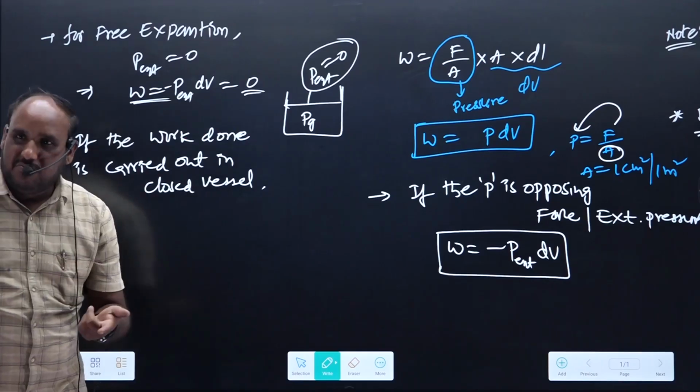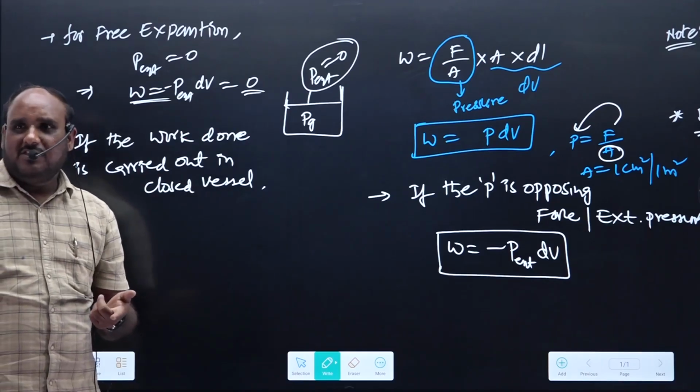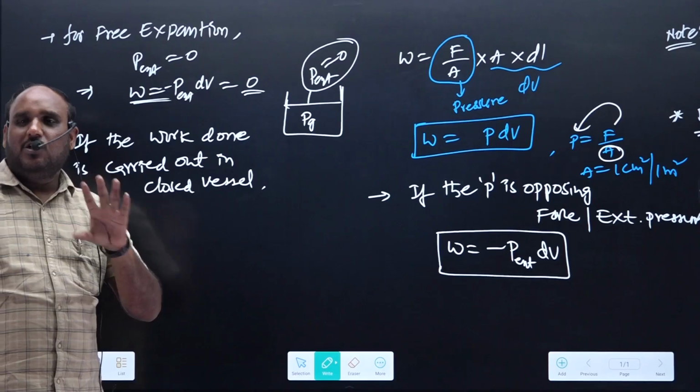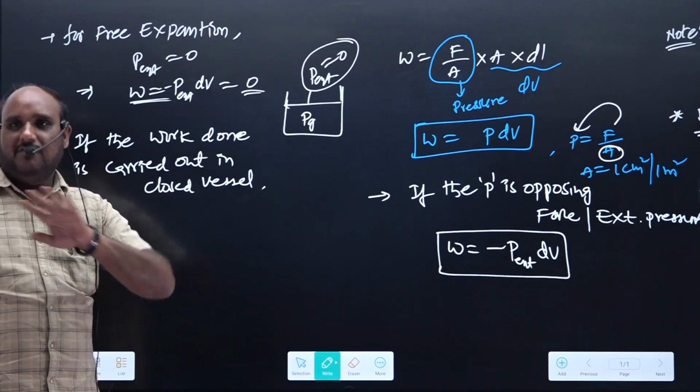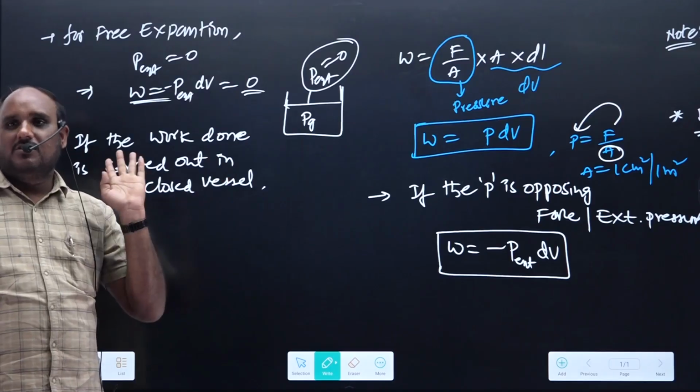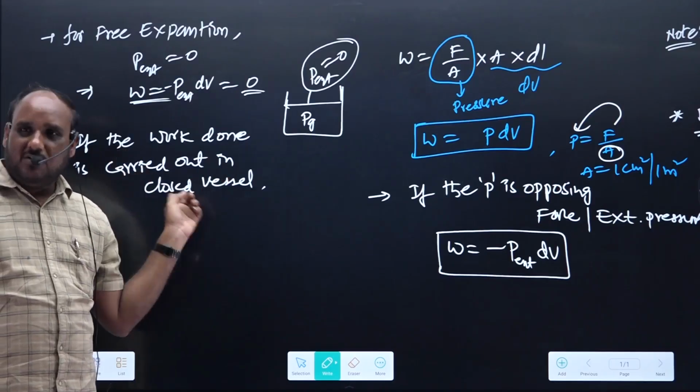Is there a change in volume? Will the volume change in a closed container? No, the volume will be fixed. Therefore dV will be 0. No change of volume in a closed vessel.